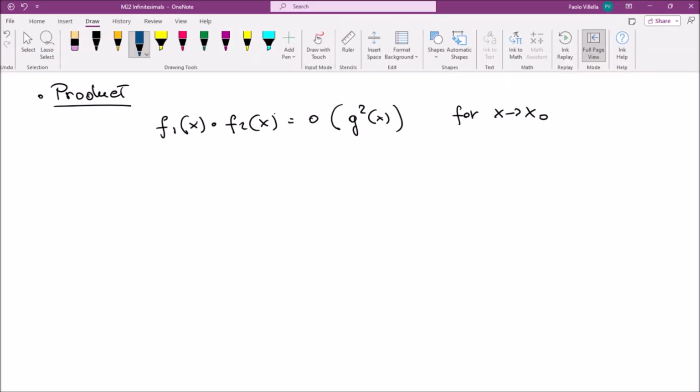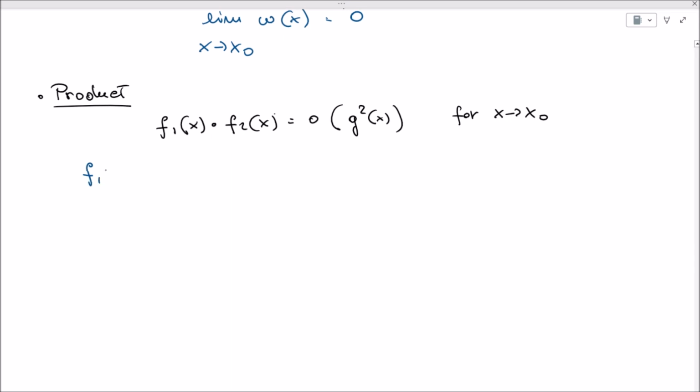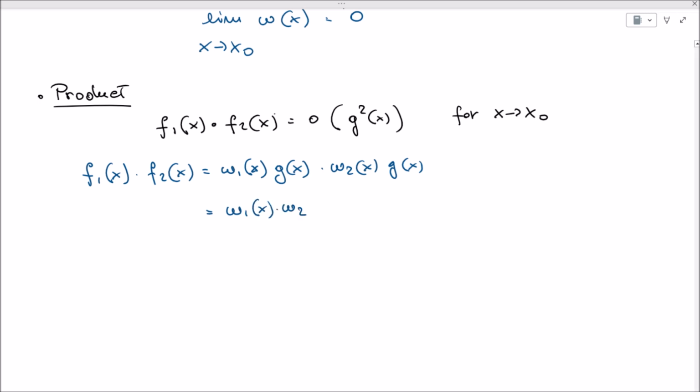We have that f1 of x times f2 of x is equal to omega 1 of x g of x times omega 2 of x g of x. But this is omega 1 of x times omega 2 of x times g squared of x.